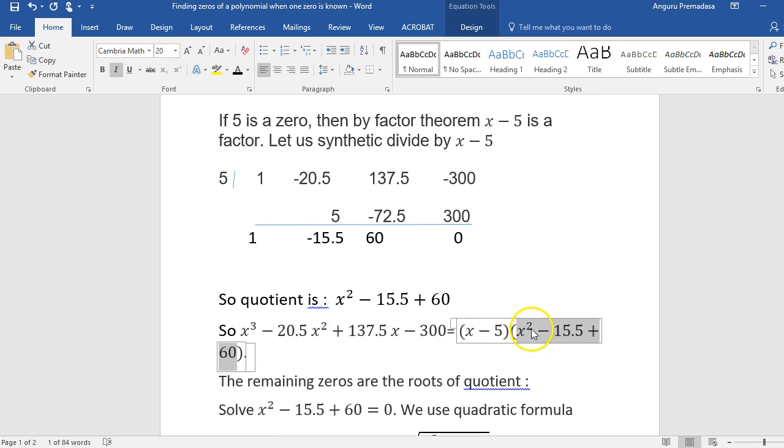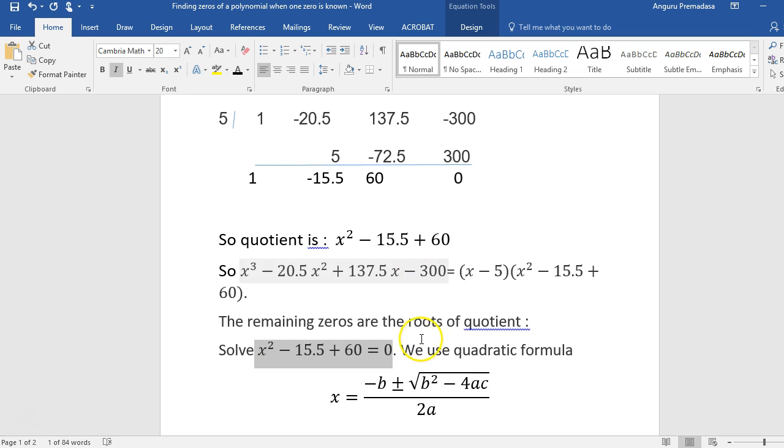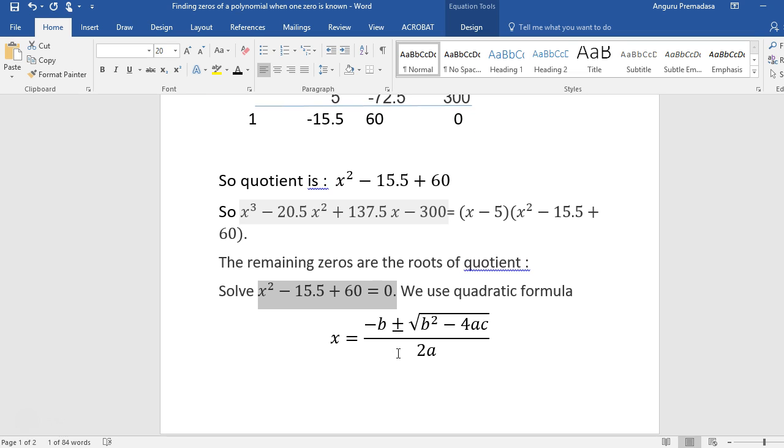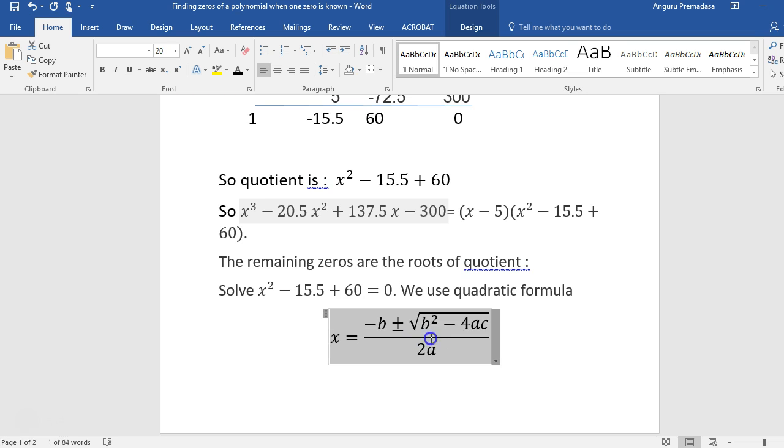So if we set this factor equal to 0 and solve it, we get the other two zeros. That is easy to solve because this is a quadratic equation. We can easily solve it using the quadratic formula, and we had some practice questions on the quadratic formula. So now it's a matter of using the quadratic formula straight away.